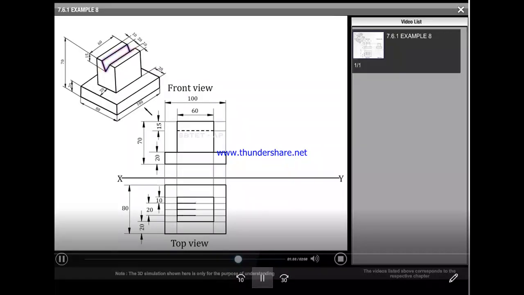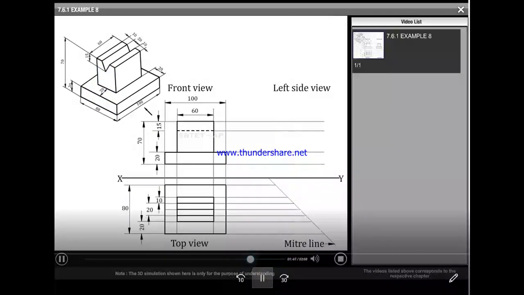Now complete the top view. To draw the left side view, draw the miter line and draw projectors horizontally from the front view and through the miter line from the top view. Now complete the left side view. Show the dimensions appropriately in the views.